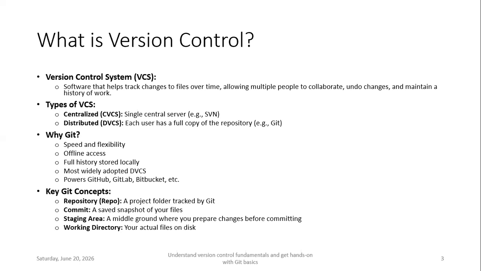And the full history of your changes to these files is stored locally, in the most widely adopted distributed version control system. As for me, I'm not sure whether I have worked with any other system other than Git. And Git powers GitHub, GitLab, and Bitbucket.